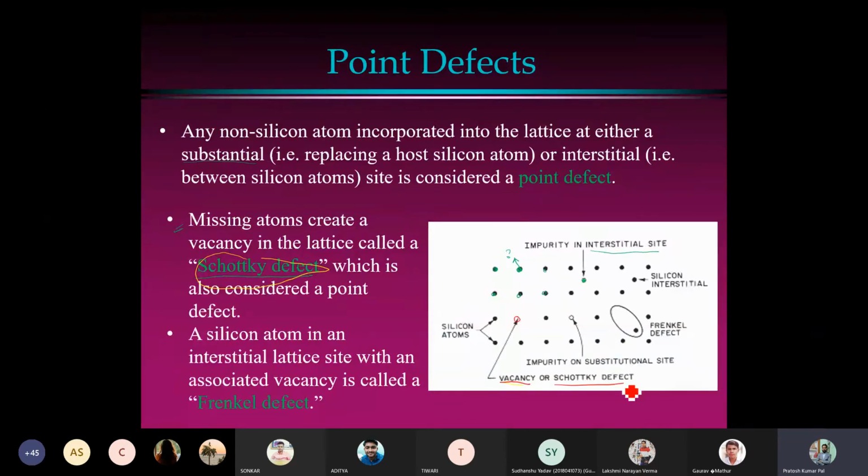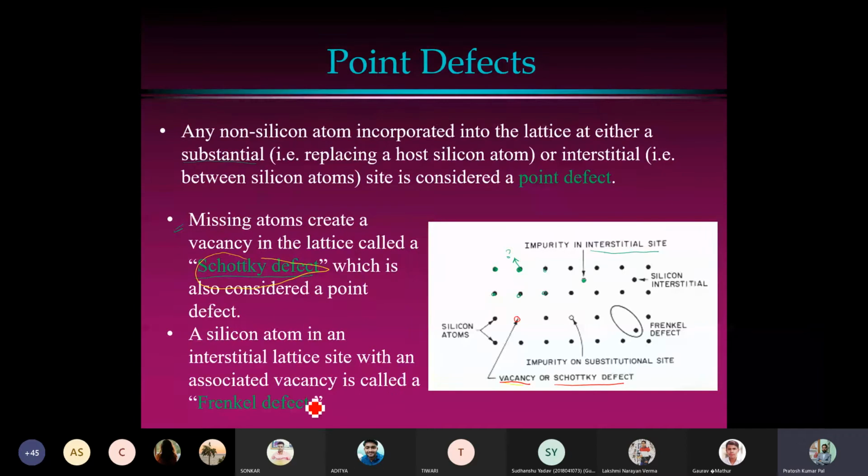Another one is the Frenkel defect. A silicon atom in an interstitial lattice site with an associated vacancy is called a Frenkel defect. In the Frenkel defect, instead of being here, the silicon atom is placed into the interstitial site.